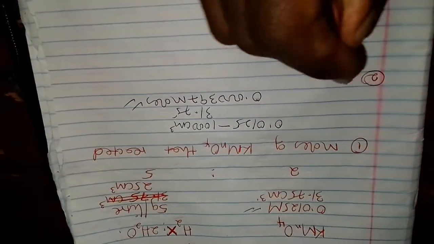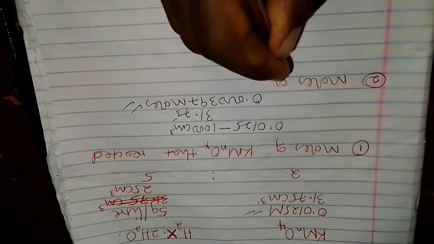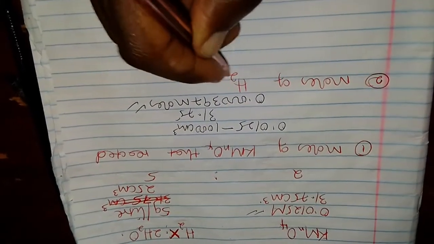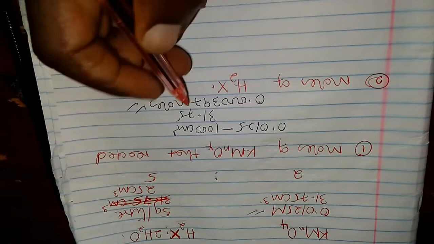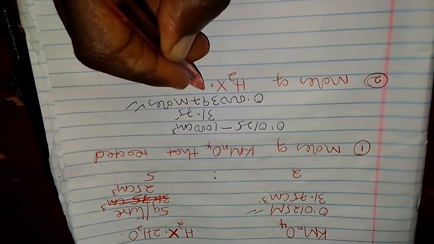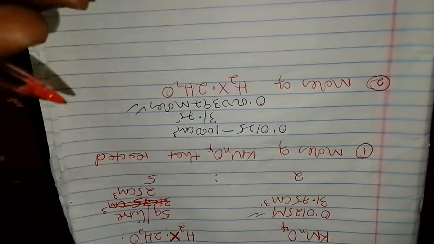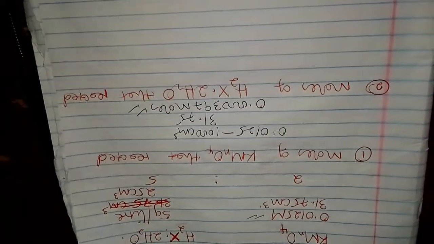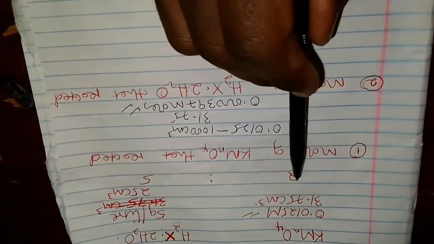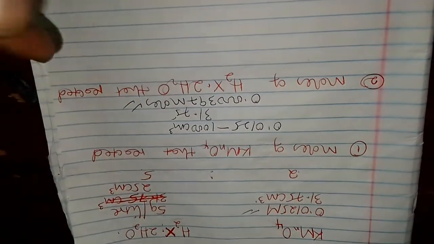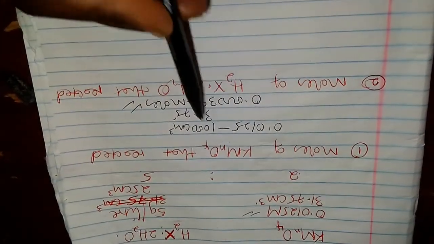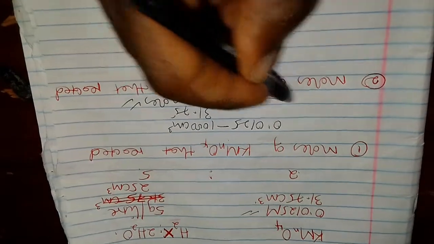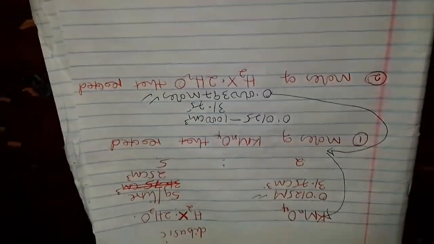Then maybe number 2, I can say moles of the dibasic acid that reacted. Good. So I'm going to say the mole ratio is 2 to 5. And remember, the moles of CuMnO4 that reacted are this. So I can come and write this value here. Why? Because the CuMnO4. Good.